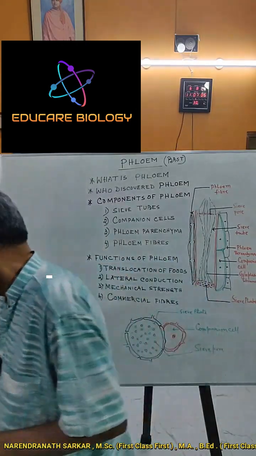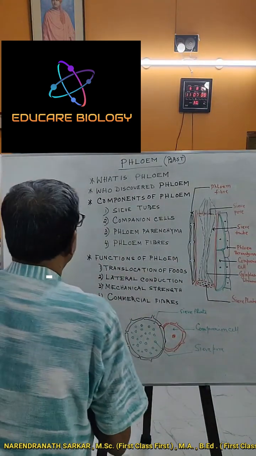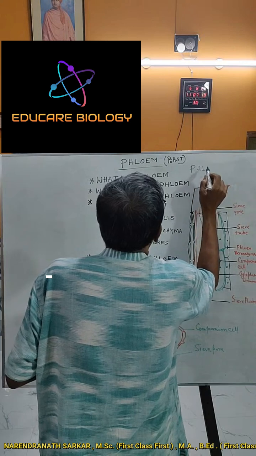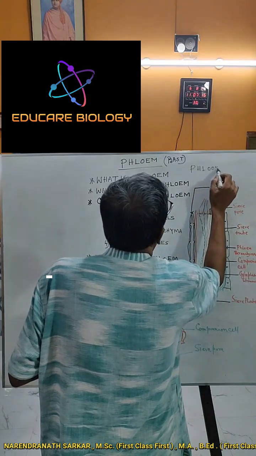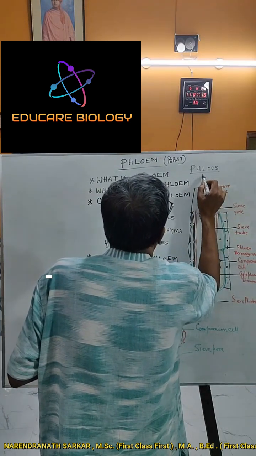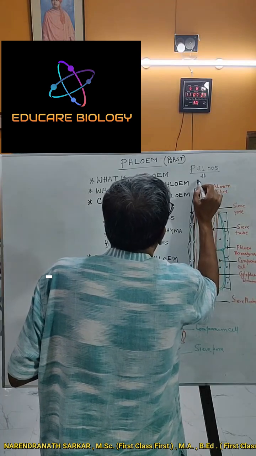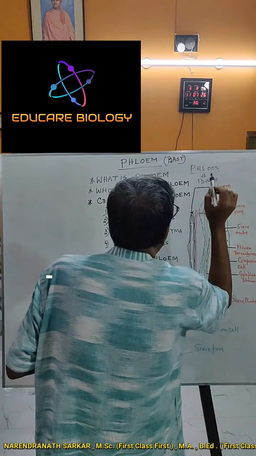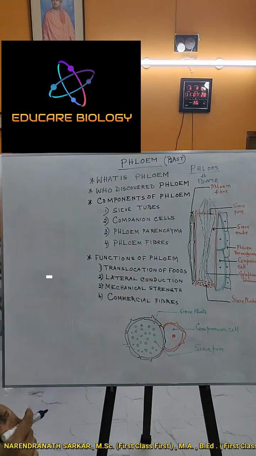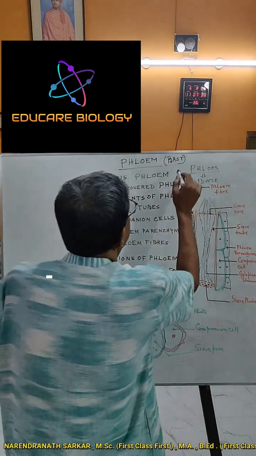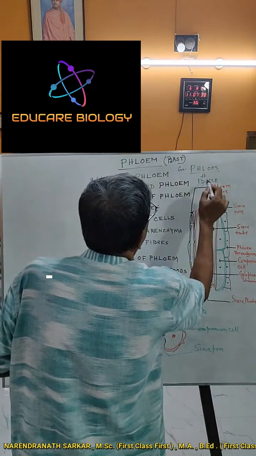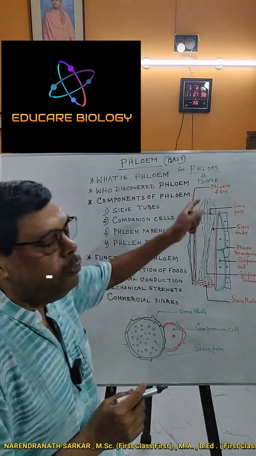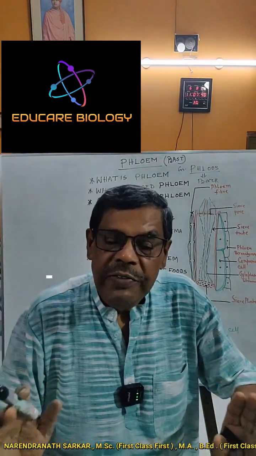The word phloem comes from the Greek phloos, P-H-L-O-O-S. The meaning of phloos is bark. Greek phloos means bark. Phloem tissue is also called bast tissue.